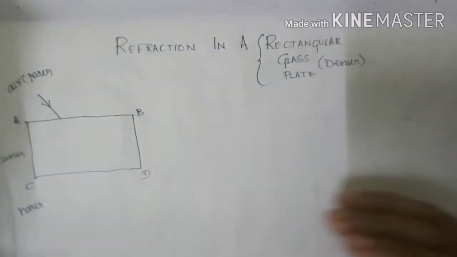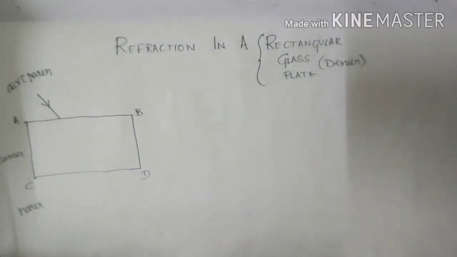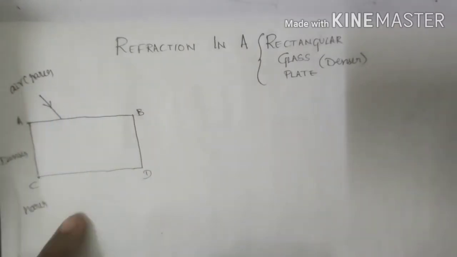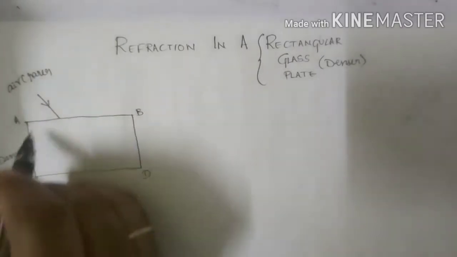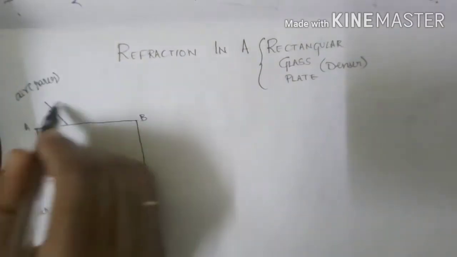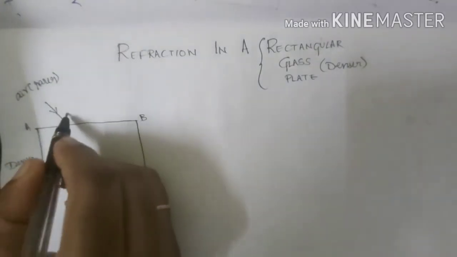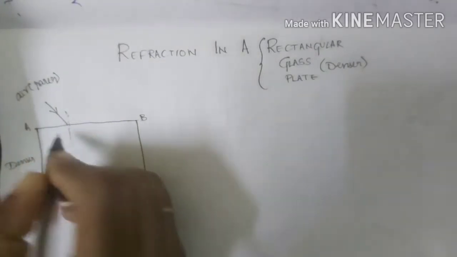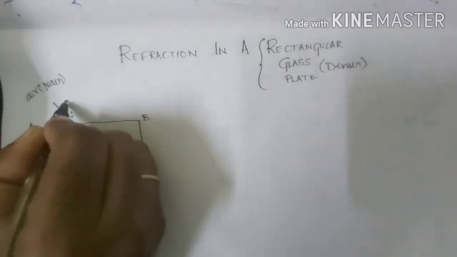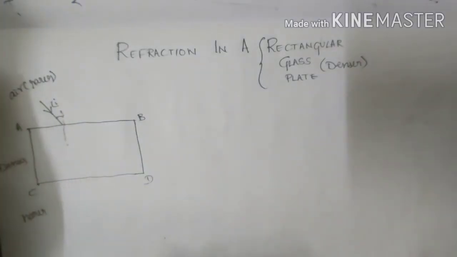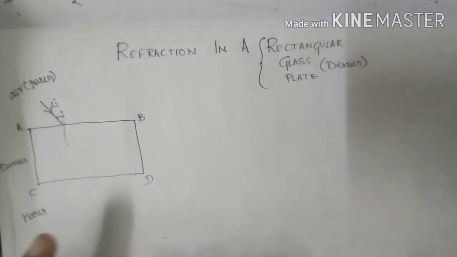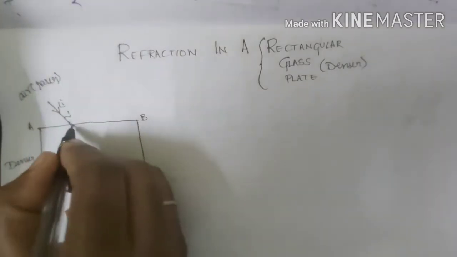When you introduce a denser medium like glass, you will observe this refraction phenomenon. Here, from air to denser, so rarer to denser, this will be your angle of incidence. Since it is moving from rarer to denser medium, the refraction will be towards the normal.